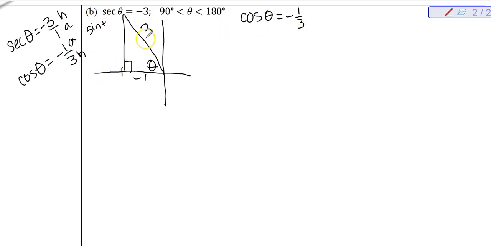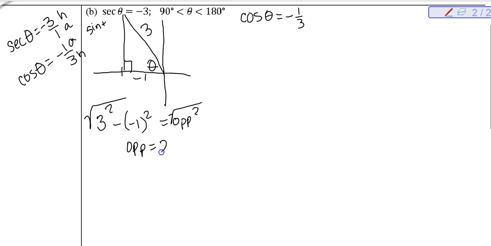Let's use the Pythagorean theorem to find this missing side quickly. So should we do 3 squared minus negative 1 squared? Take the square root, right, to find the opposite. So that would mean that our opposite side is 2 square root of 2, because that's the square root of 8, right? 9 minus 1.